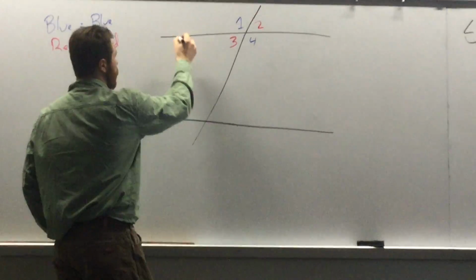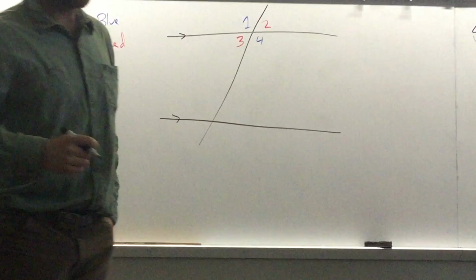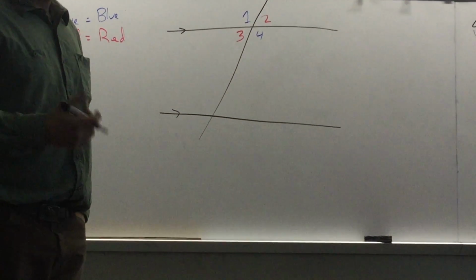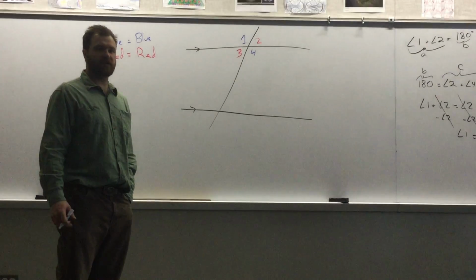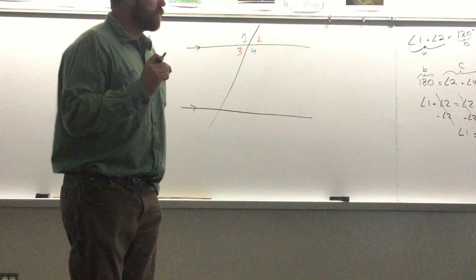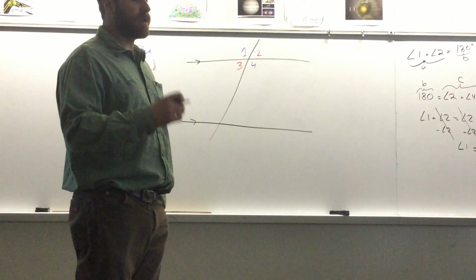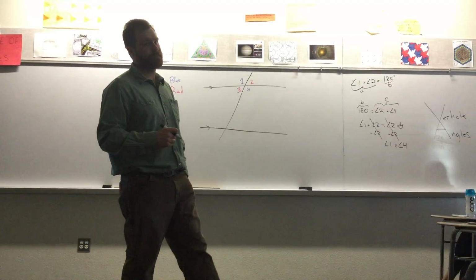Okay, so here's a question for you. Parallel lines, right? We have these little symbols, little arrows on the lines to denote they're parallel. Okay? What do parallel lines never do? Cross. They never intersect, right?